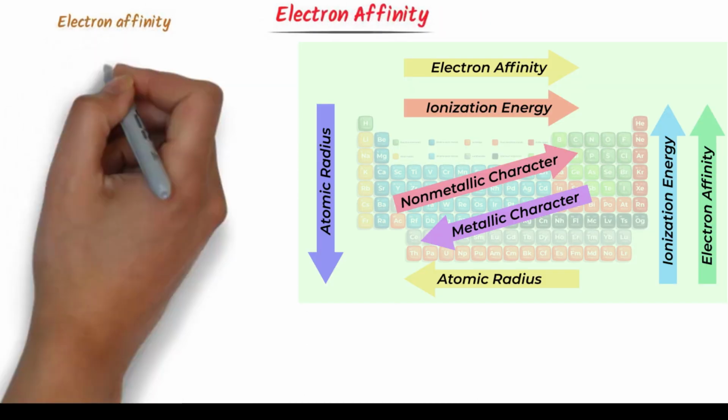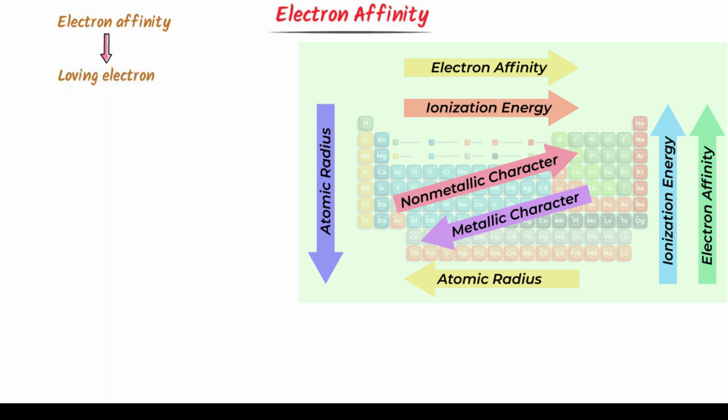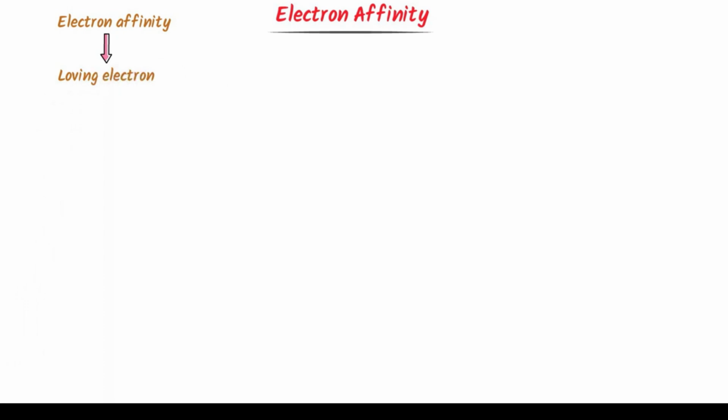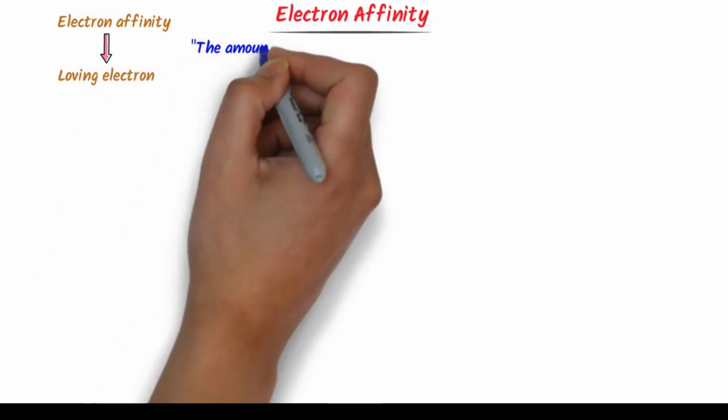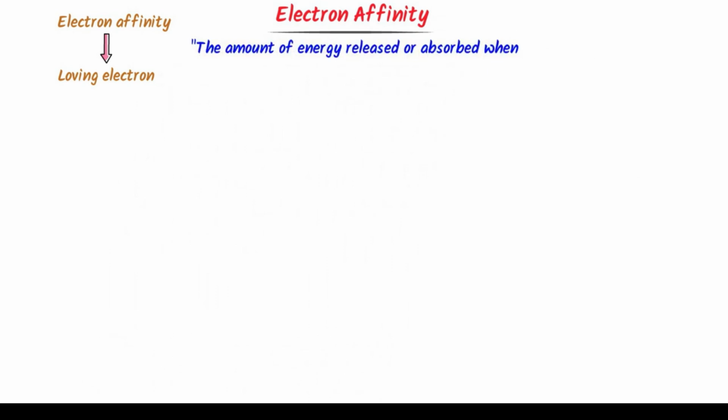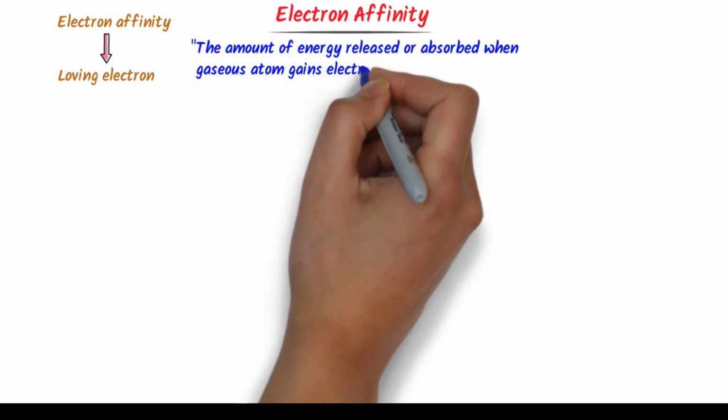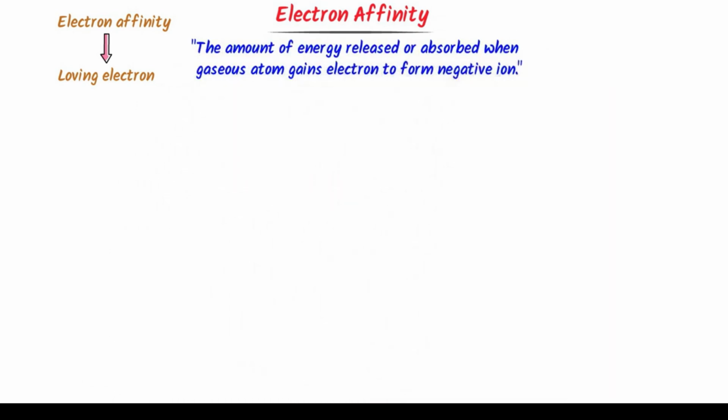Electron affinity means loving electron. We define electron affinity as the amount of energy released or absorbed when a gaseous atom gains an electron to form a negatively charged ion. Here, remember this very important point.